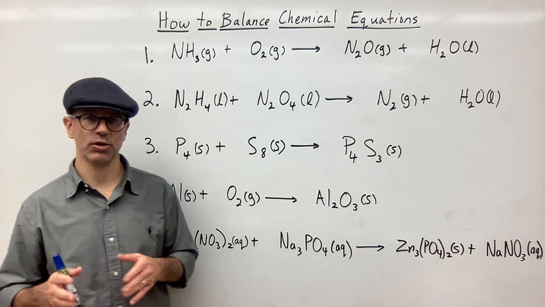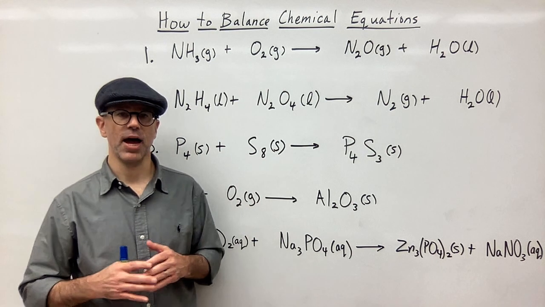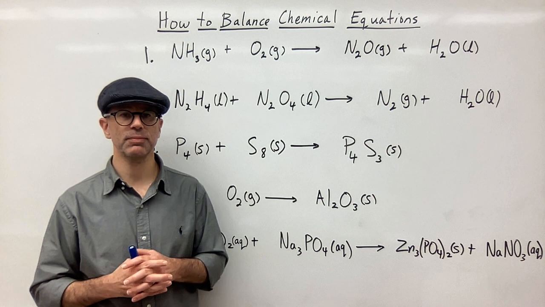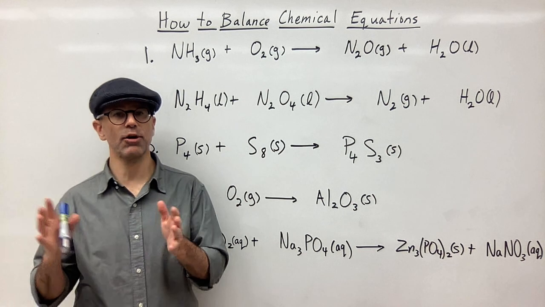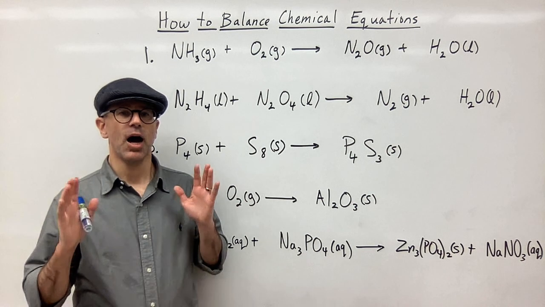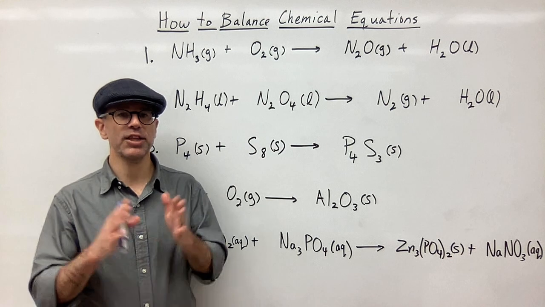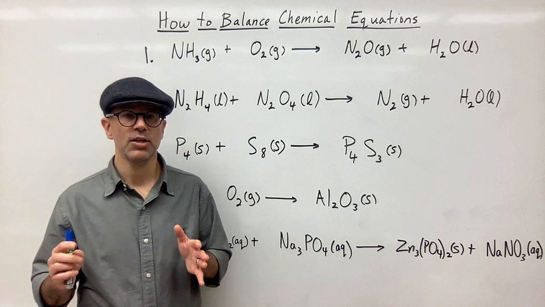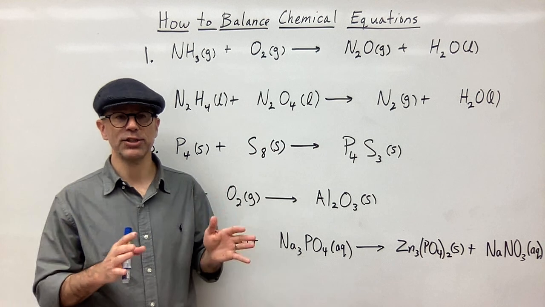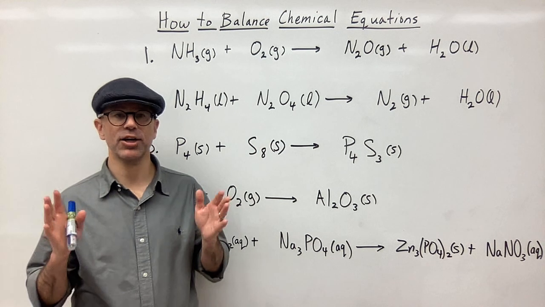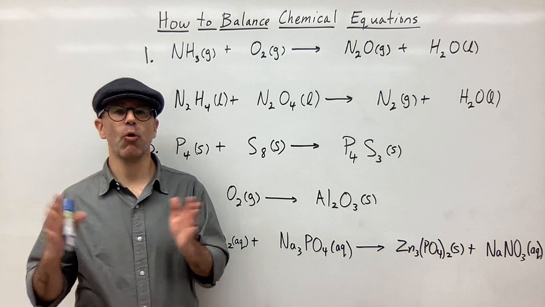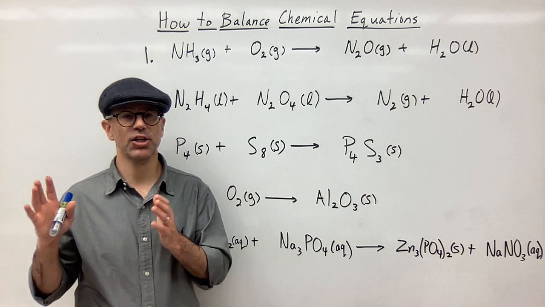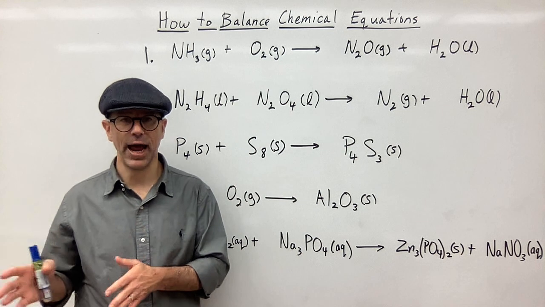After you've balanced your metals, then you balance your non-metals. You want to balance everything except for hydrogen and oxygen. So if you've got nitrogen or sulfur or anything like that, you're going to balance those first before you balance hydrogen and oxygen. You're going to leave hydrogen and oxygen for last.